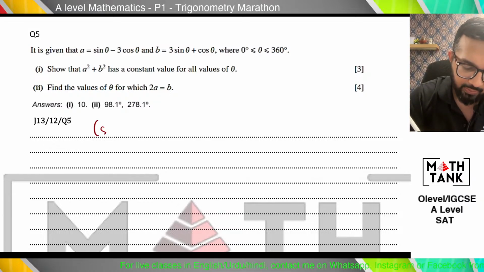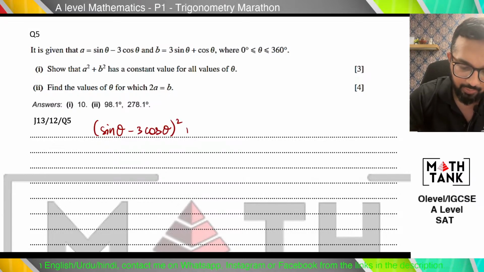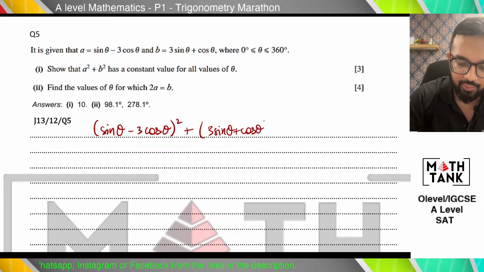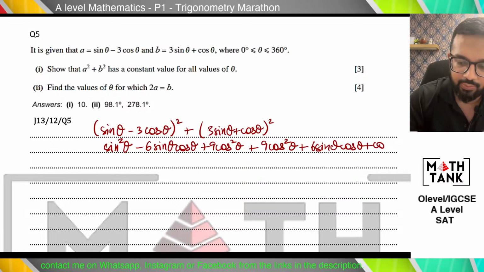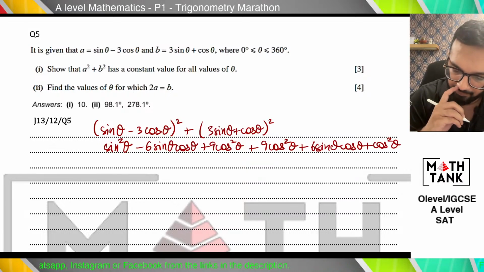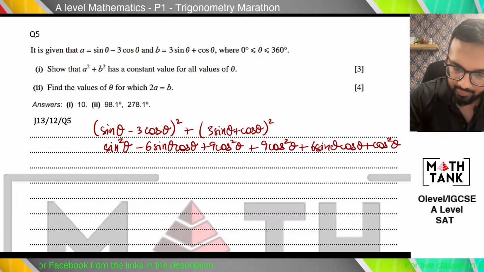A square plus b square, so sine theta minus 3 cos theta square plus 3 sine theta plus cos theta square. Expanding gives sine square theta plus cos square theta terms, with the cross terms cancelling out.